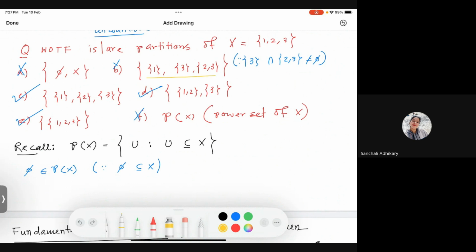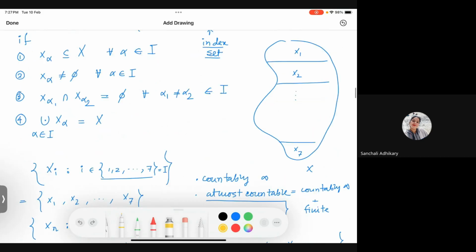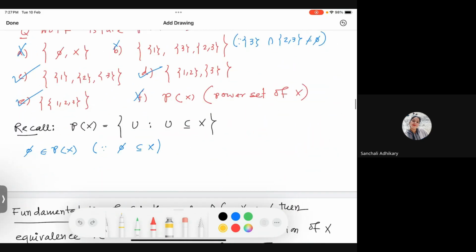Is it a partition? No, because if you take this set and this set, then the intersection is not empty, right? This is actually non-empty. So for this reason, this does not satisfy the third condition. So this collection is not a partition.